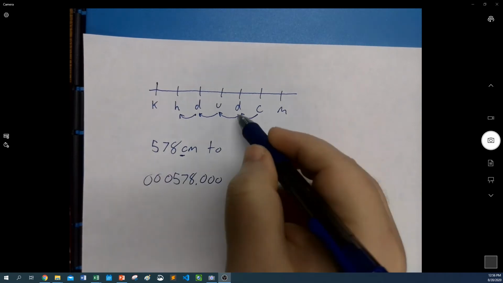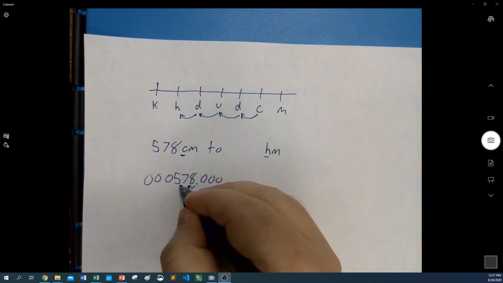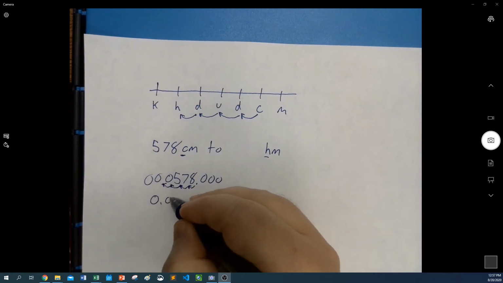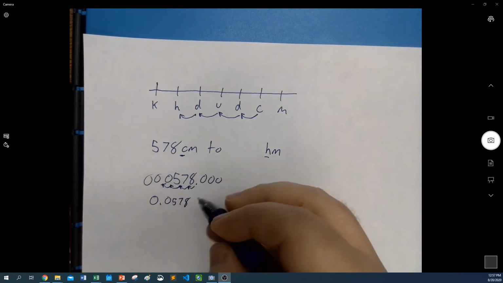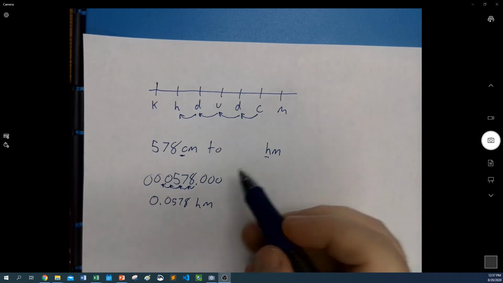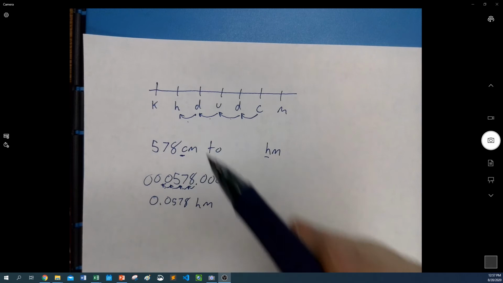I'm going to be moving 4 over to the left. 1, 2, 3, 4. So 0.0578 hectometers. Make sense?